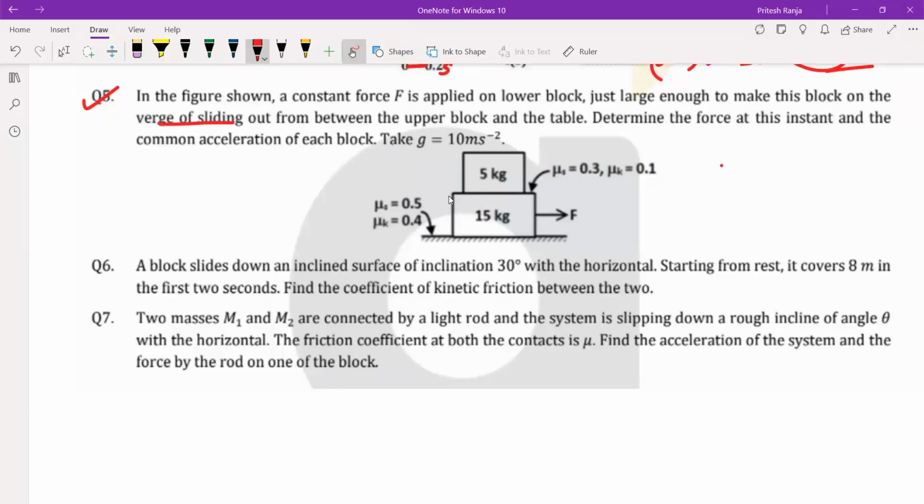So it is at the verge of sliding. So we will take static friction, right? It is not sliding.